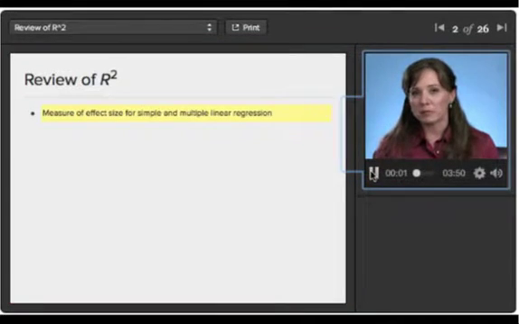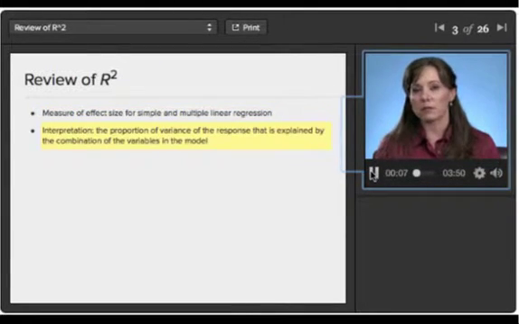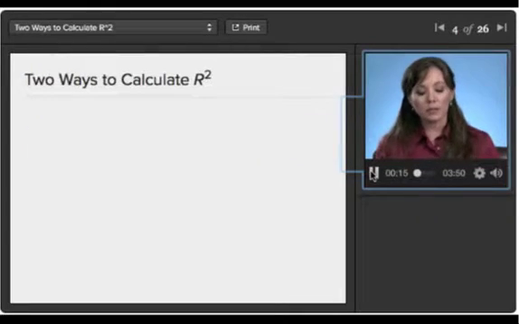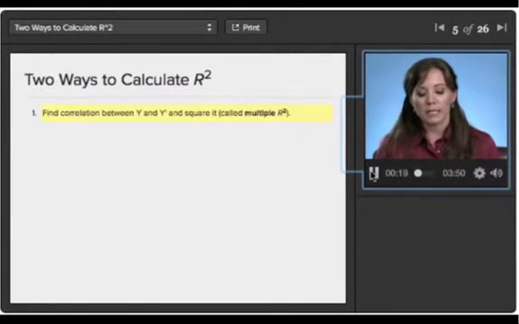R-square is a measure of effect size for simple linear regression as well as multiple linear regression. And remember, the interpretation of R-square is the proportion of variance of the response that's explained by the combination of the variables that are in the model. There are two ways to calculate R-square for a multiple linear regression. One way is to find the correlation between the observed y and the predicted y and square it.